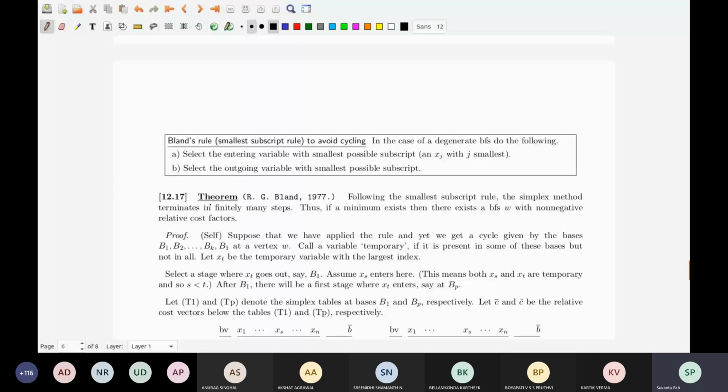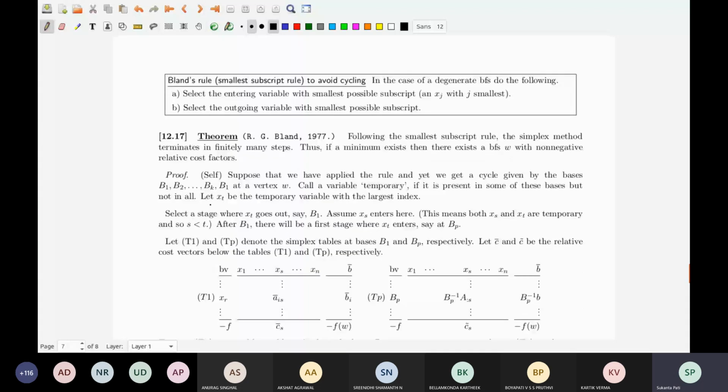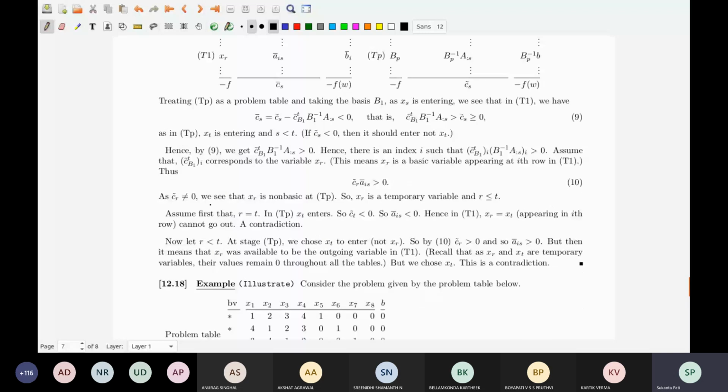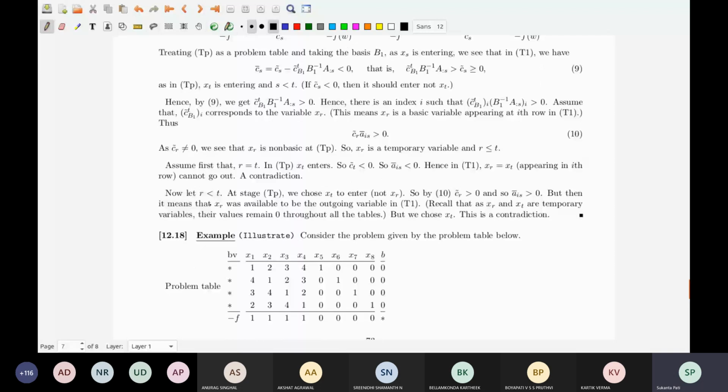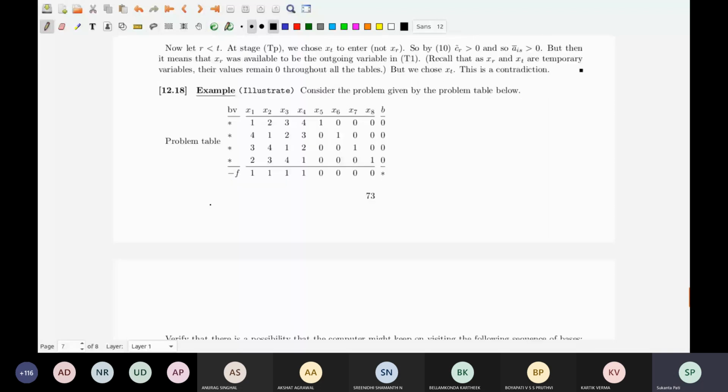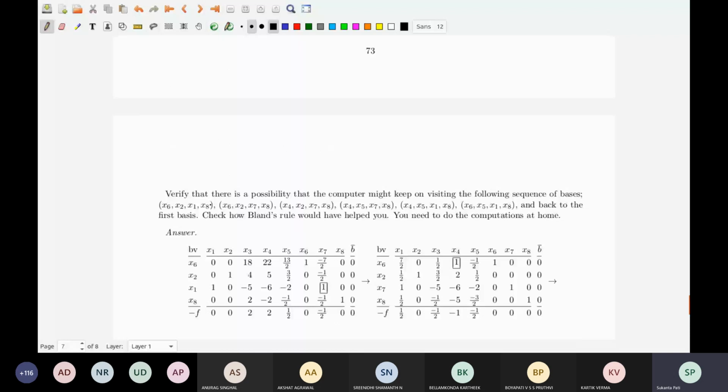Let me illustrate what is happening here. Consider this problem. This is the SLPP, and we want to minimize x1 plus x2 plus x3 plus x4 subject to these constraints. Now let us check the simplex table at x2, x6, x2, x1, x8, the first one.